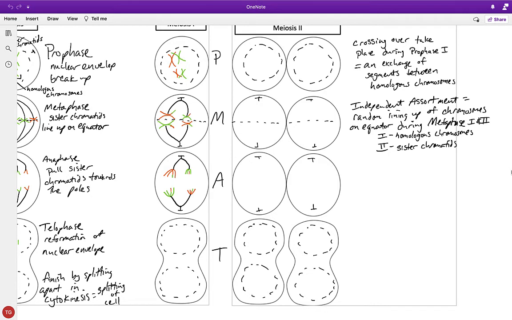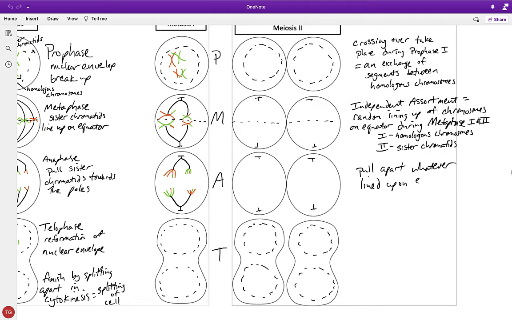Anaphase is kind of really simple. We're going to pull apart whatever lined up on the equator during metaphase. So that means that during anaphase 1, we're going to pull apart homologous chromosomes.